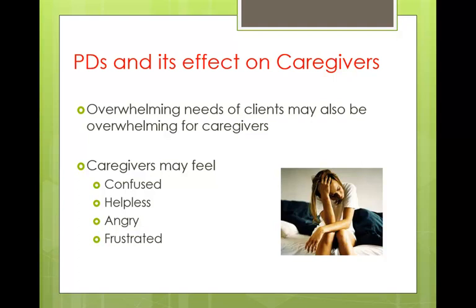We also have to teach them the signs and symptoms in themselves that are going to indicate that they need a break from this person. They just need to get away. Try to help them build those support systems so that they are not the only one that's ever trying to help these people with personality disorders, that they have a support system for themselves and to give them breaks.